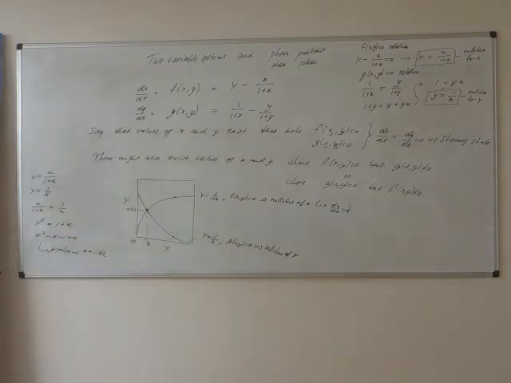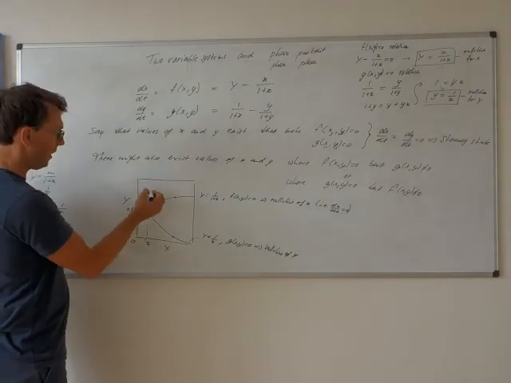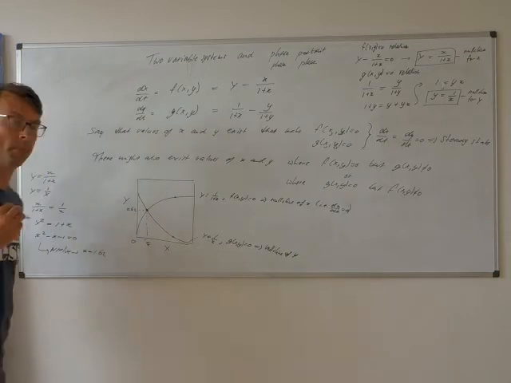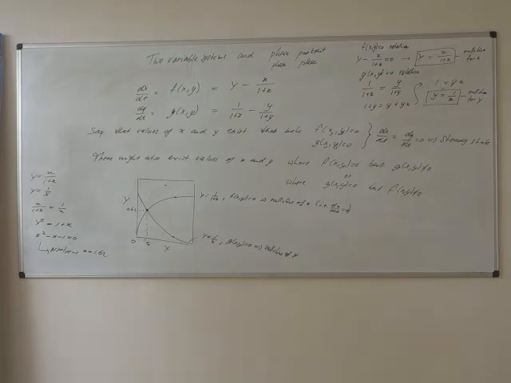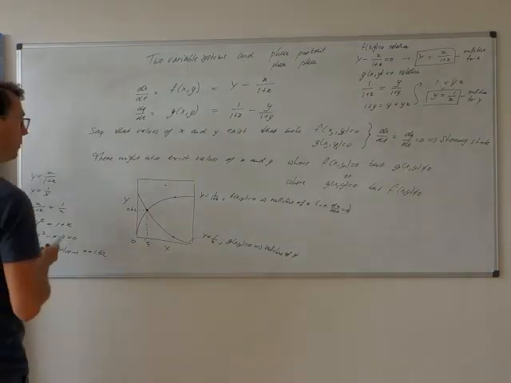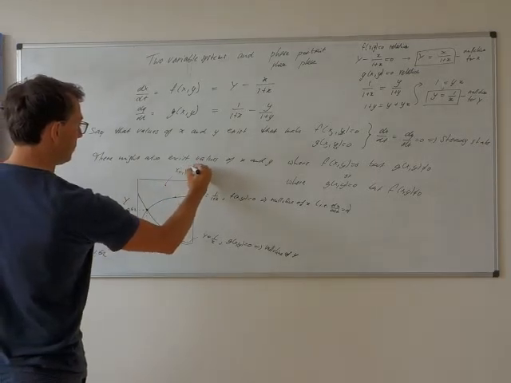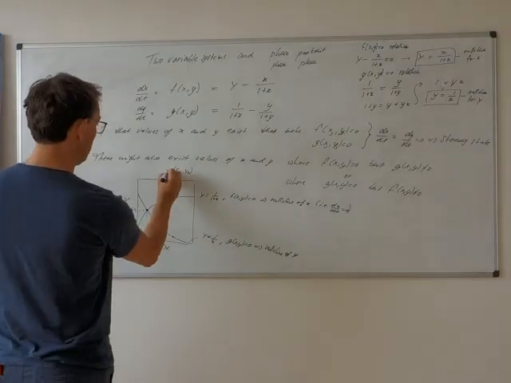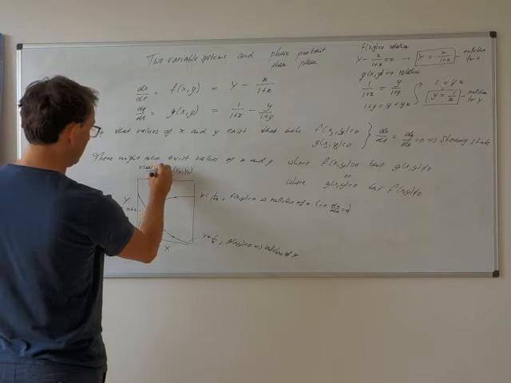So what we want to figure out is, if you start at a certain starting value of x and y, so let's say here at x0, y0, what happens to the value of x and y at the next time point? We want to know what the value of x is at time dt later.